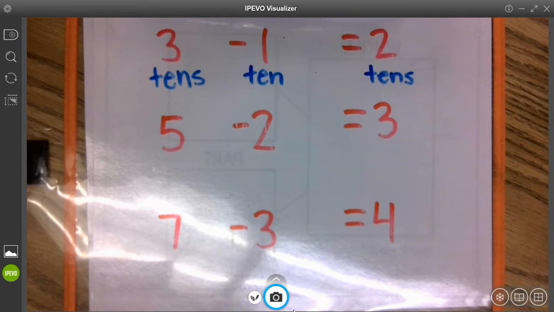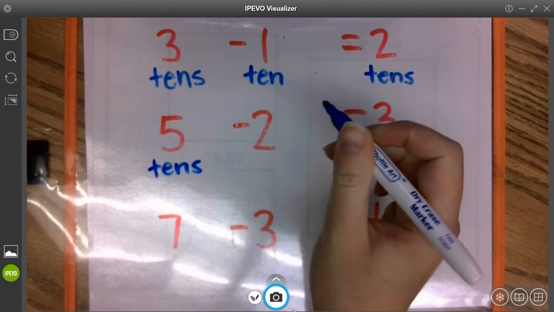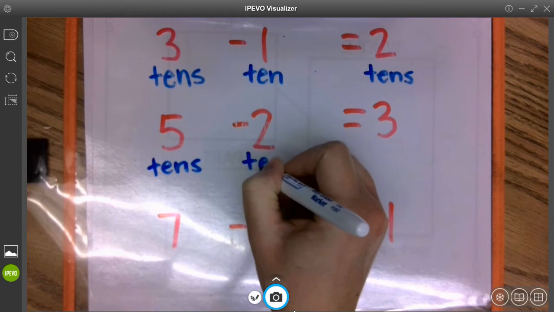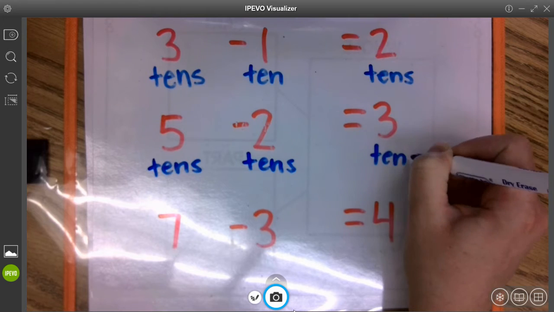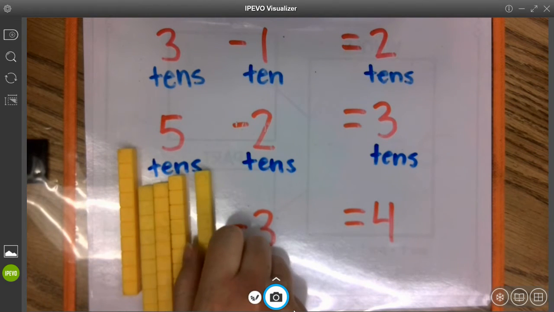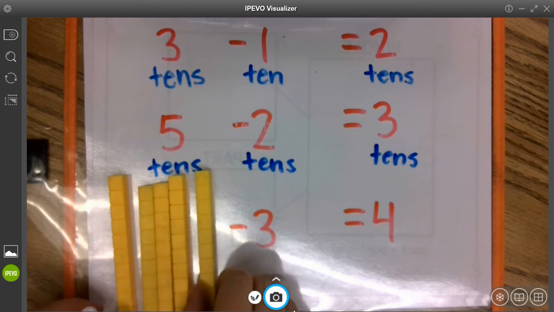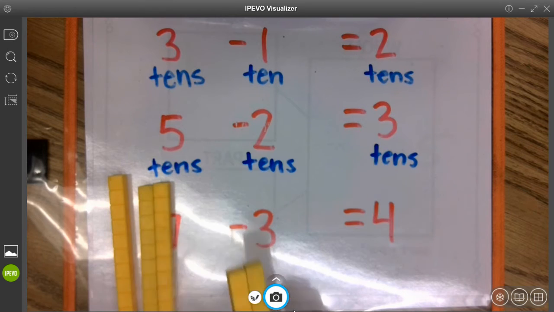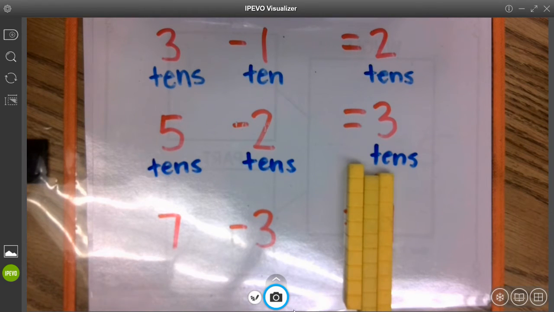Okay, let's make sure it stays the same here. 5 tens minus 2 tens equals 3 tens. Let's check. There are my 5 tens. If I take away 2 of them, I'm left with 3 tens.